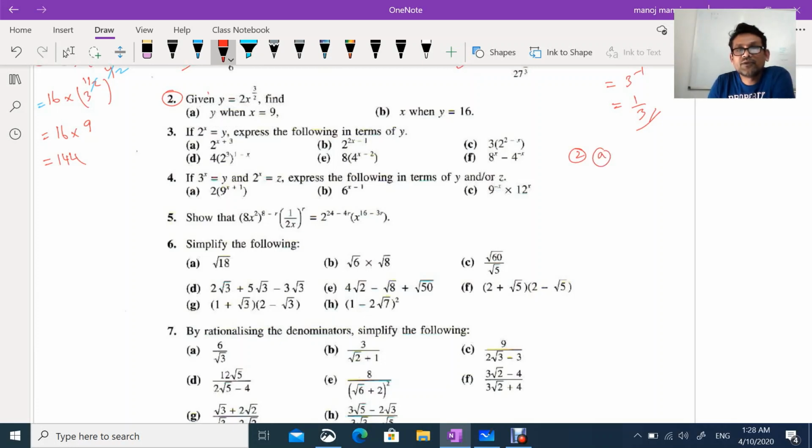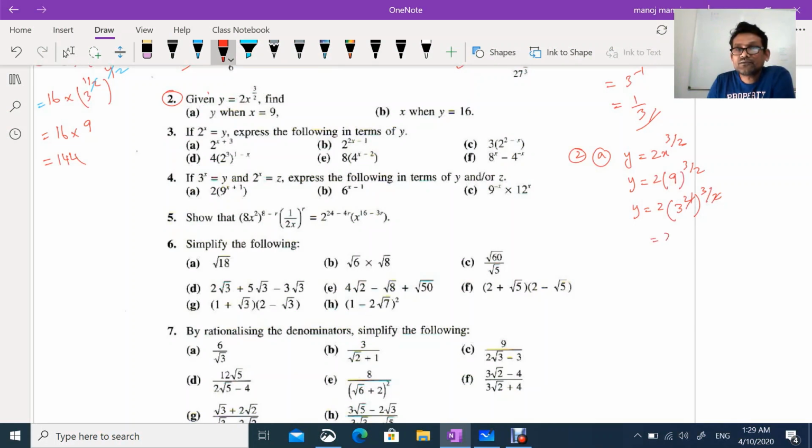Part A was the equation. y is equal to 2x power 3 upon 2, and I have to find y, so y is equal to 2 times 9 power 3 upon 2. Now just simplify this. How can I make this base 3? This is 3 squared, power 3 upon 2, and this 2 and 2 cancel out.